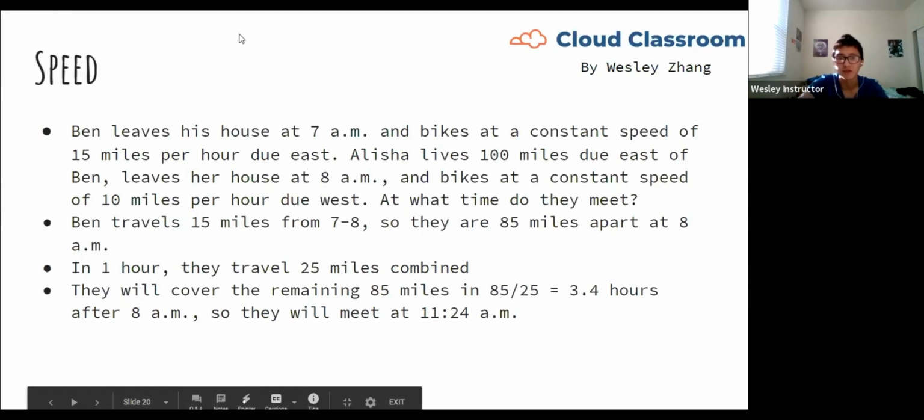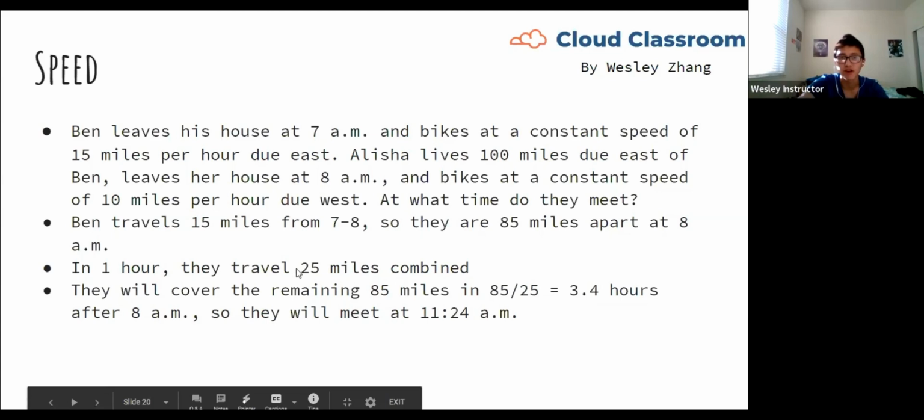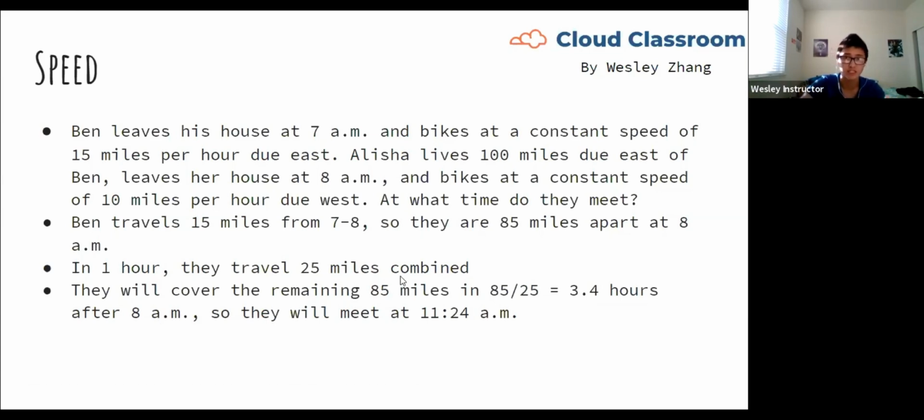So does anyone have any questions with that one? So we get the 25 miles because Ben travels 15 miles in one direction, Alicia travels 10 miles in the other direction, but it doesn't matter which direction they're traveling in. They're still traveling 25 miles together. And we want to find at what time they cover all of the remaining 85 miles.